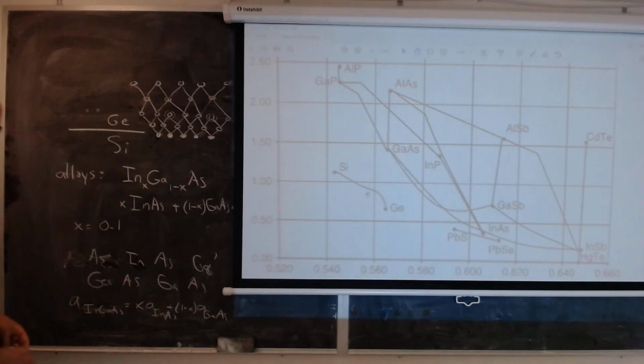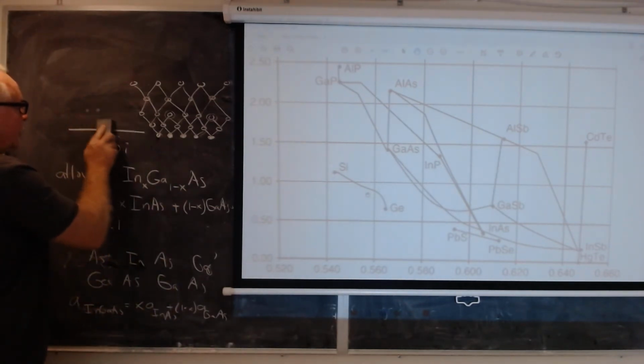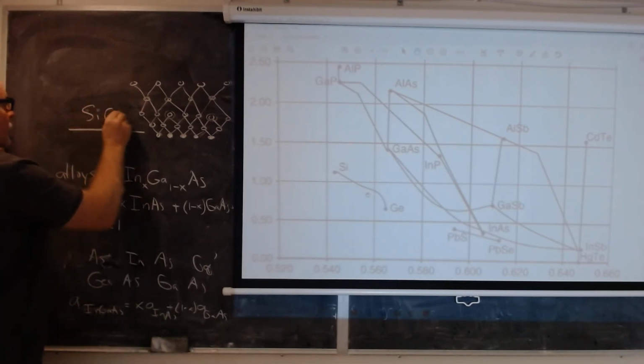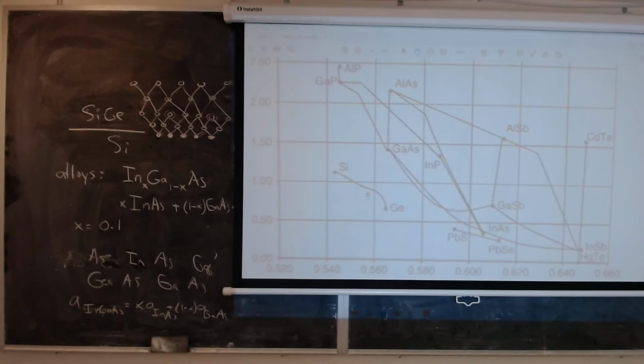So what we can do here is replace this picture with silicon germanium. Just treat silicon germanium as another crystalline material, having a lattice constant and a band gap along that line there.